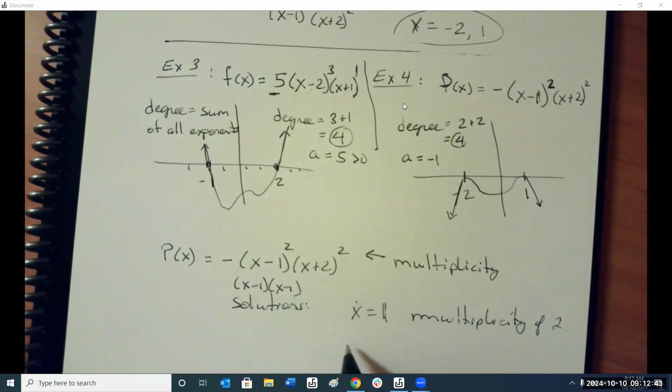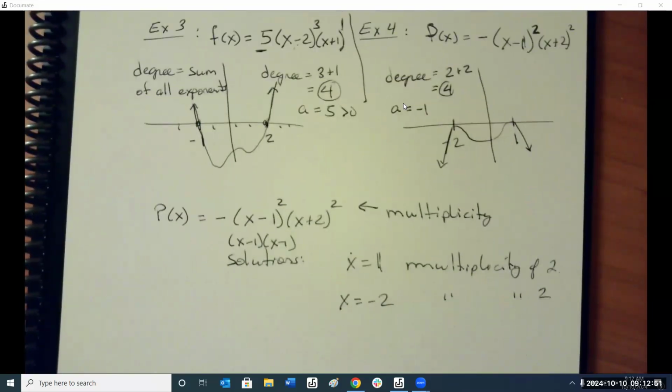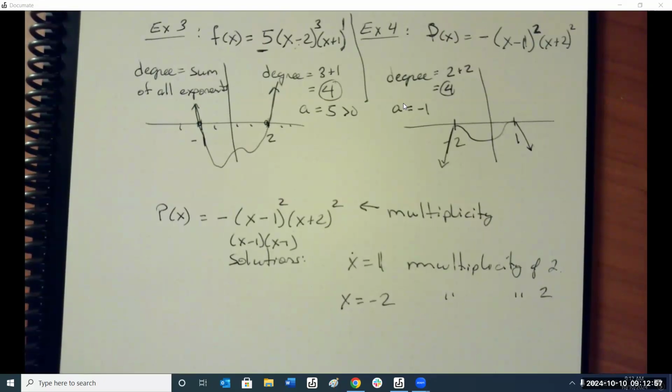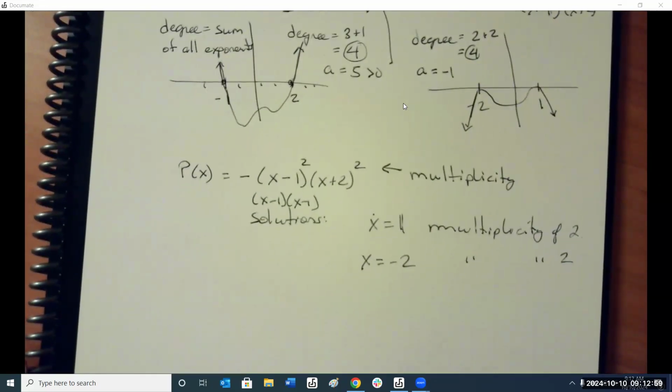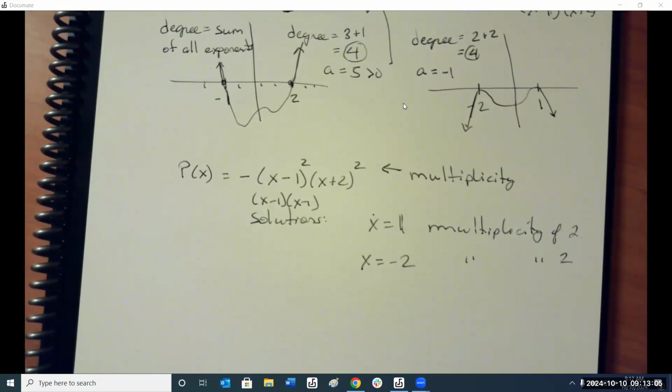And the second one is x equals -2 with a multiplicity of 2. This is a shortcut that tells us what the graphs look like.